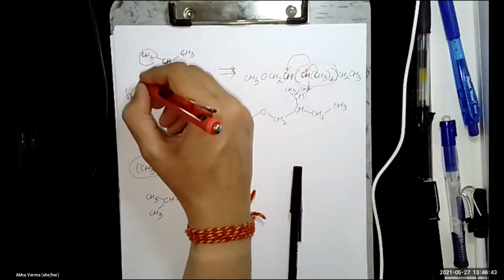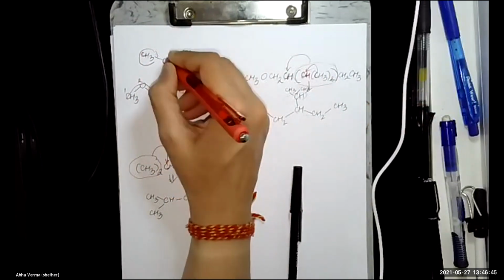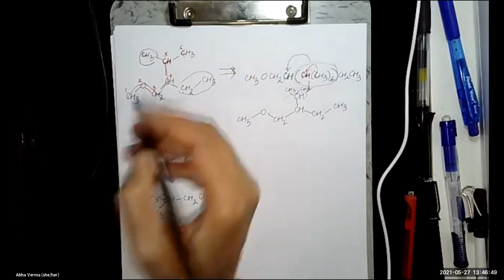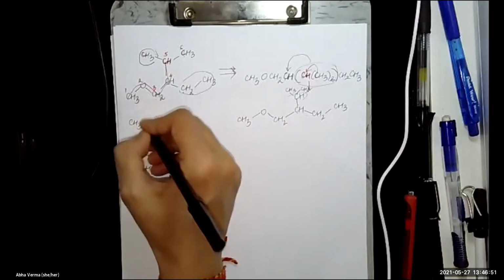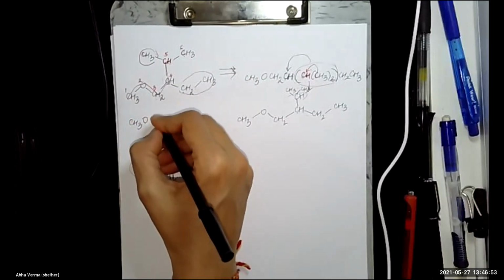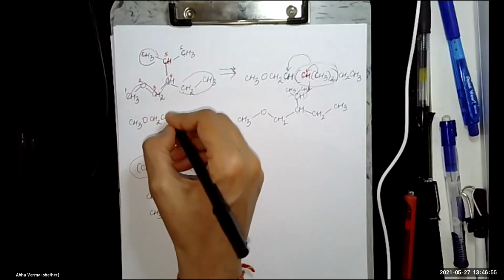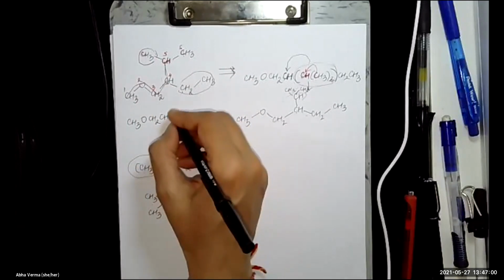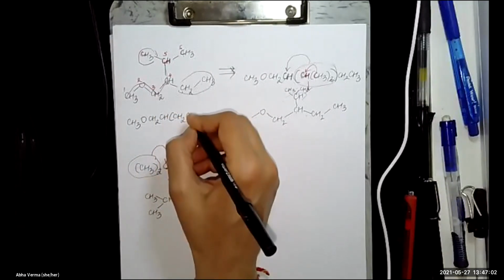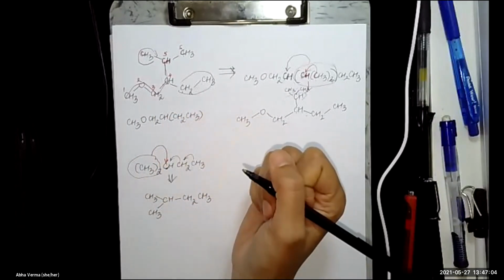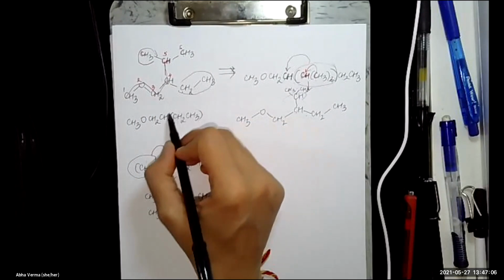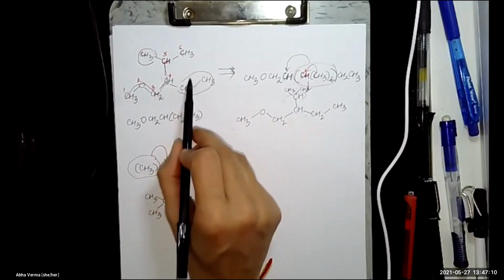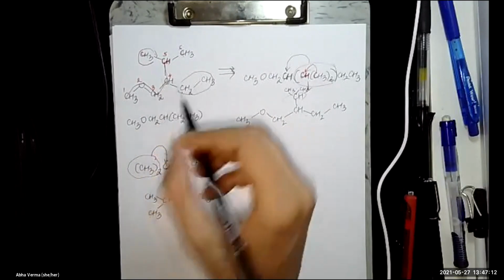So 1, 2, 3, 4, 5, 6. So let's do this. CH3, oxygen, CH2, CH. To this CH, this group is attached. And isn't it easy to see? This chunk belongs to this CH. This chunk belongs to this CH.